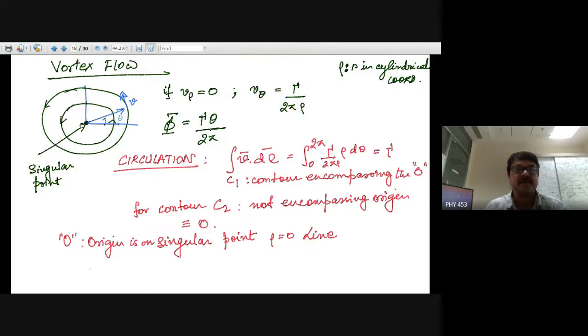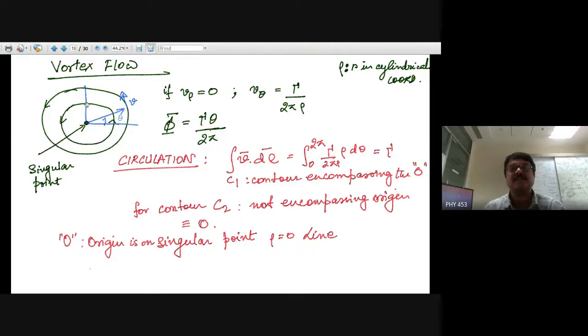And again, when you take the integral in the opposite direction, you'll again get some value of theta, because this was done at rho equal to rho 2, and this was done at rho equal to rho 1.